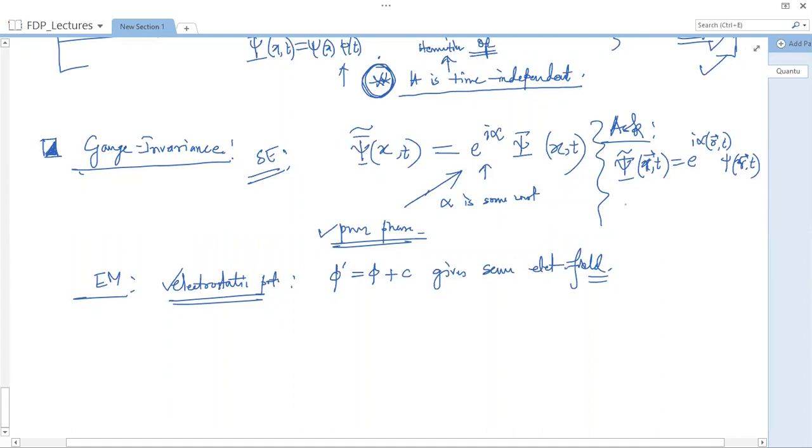So what if alpha is a function of position and time? Surprisingly, if you combine this with the gauge invariance of electromagnetism, what you will get is known as the Schrodinger equation in an electromagnetic field.